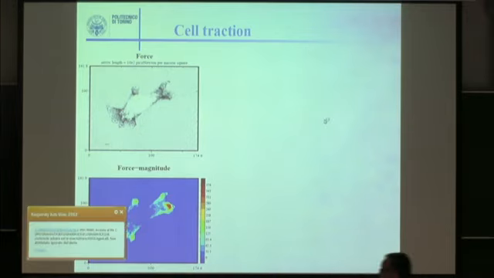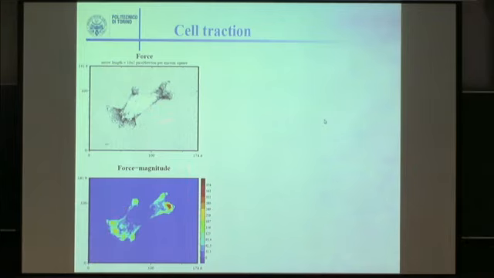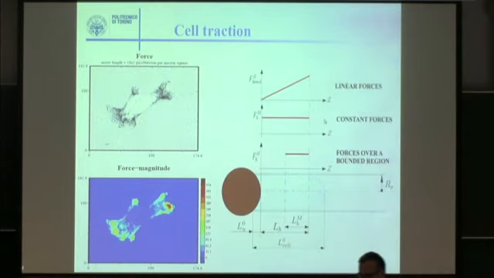Okay, so this is the picture of the forces. I might come back to that later on if I have time. This is a picture done by traction force microscopy, and you all know that cells pull on the front. And what I want to say is that more or less most of the traction is limited to the tip part of the cell.